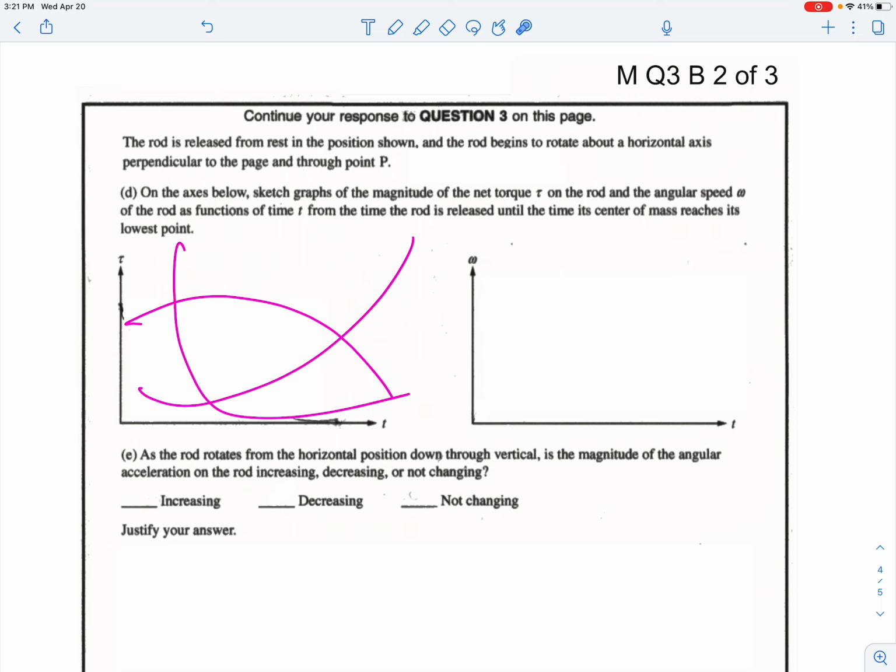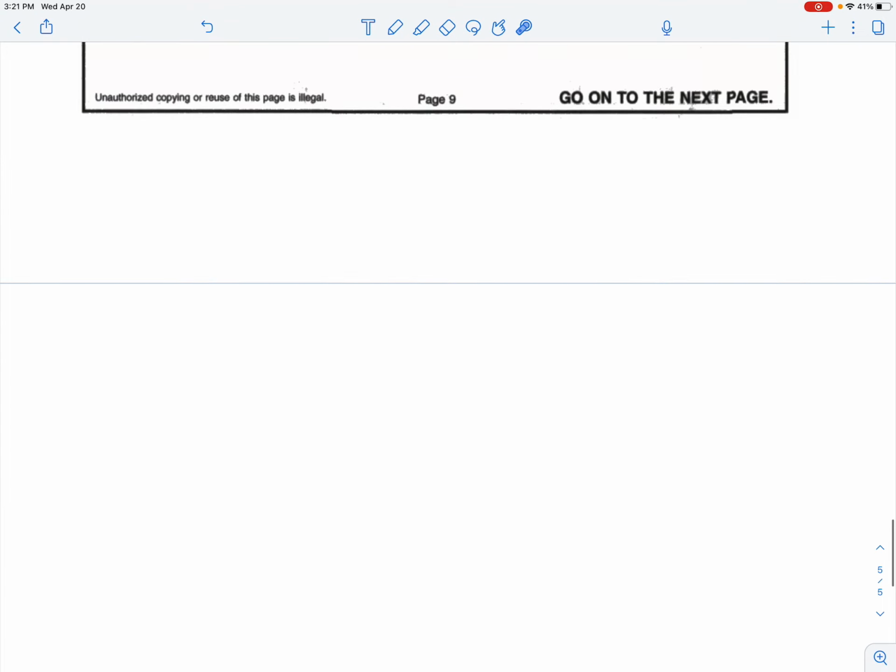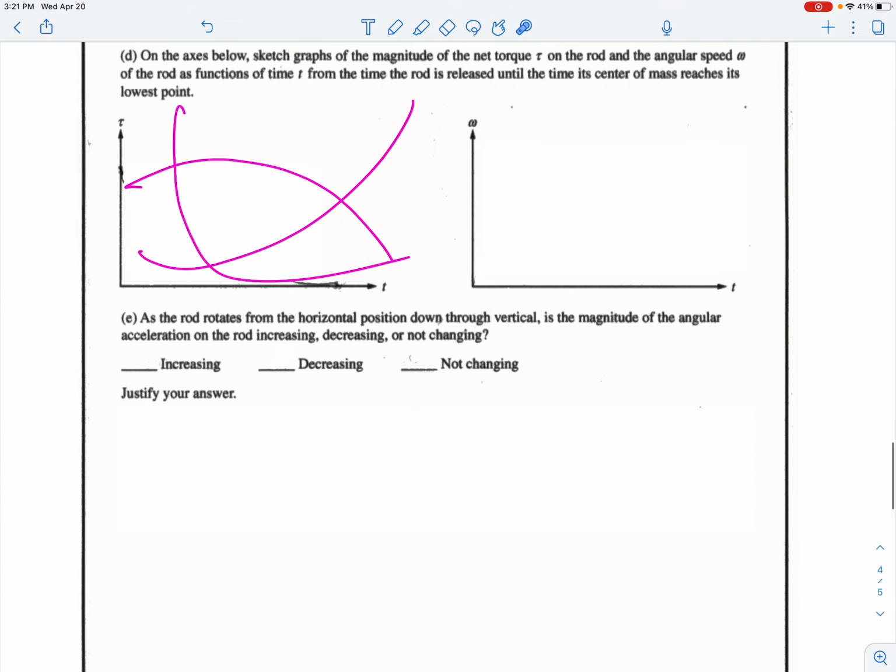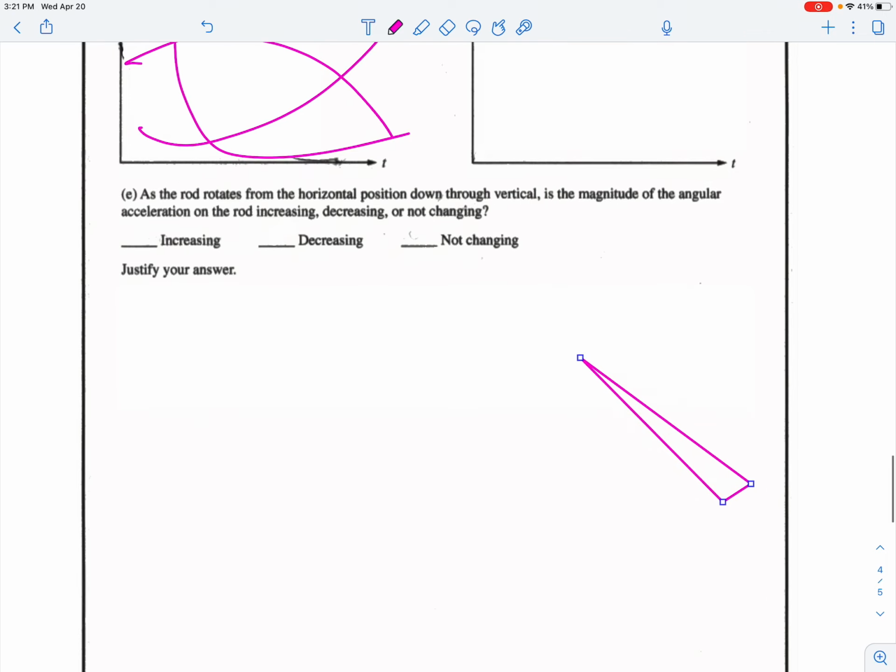The reason is that as the thing drops... Oh, I think there's a part F to this, which I'm missing. I didn't copy it. But let's say the rod is here.